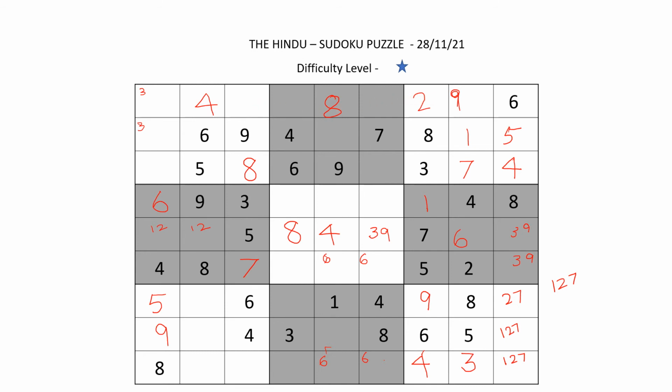So this cell takes a 2. Now let's see the impact of 1. This 1 blocks this cell. This 1 blocks this cell. So this cell takes a 1.